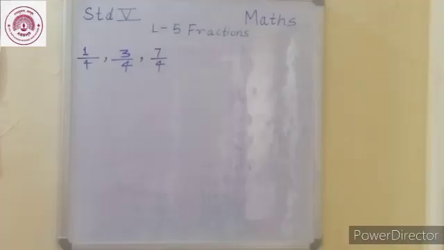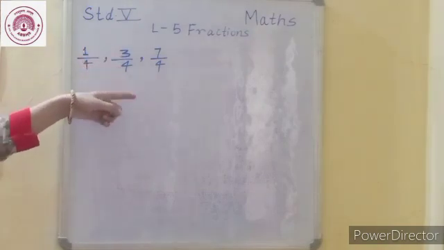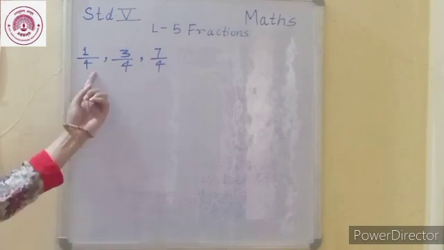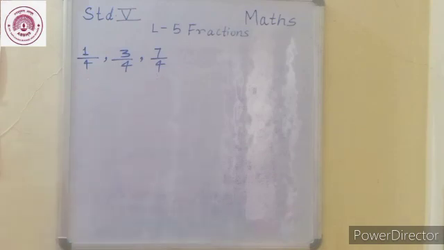In the fractions 1 by 4, 3 by 4 and 7 by 4, we can observe the denominators are same.